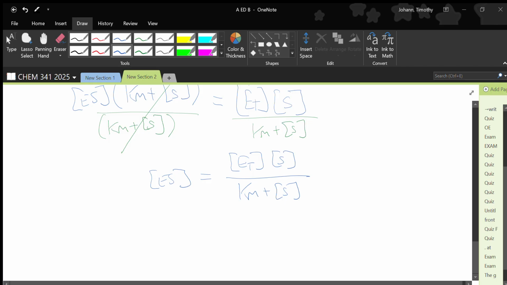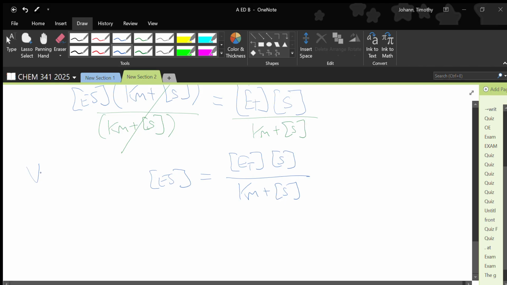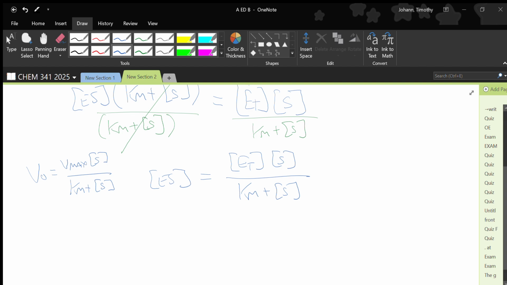All right, we are almost there. Doesn't this look familiar? Remember our Michaelis-Menten equation? It looks like V naught is equal to V max times substrate concentration over Km plus substrate concentration, right? So all I need to do is turn this ES into V naught and this ET into V max.